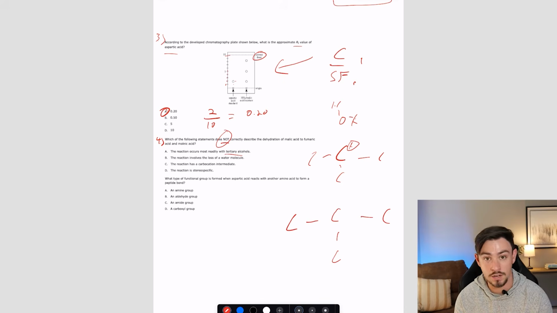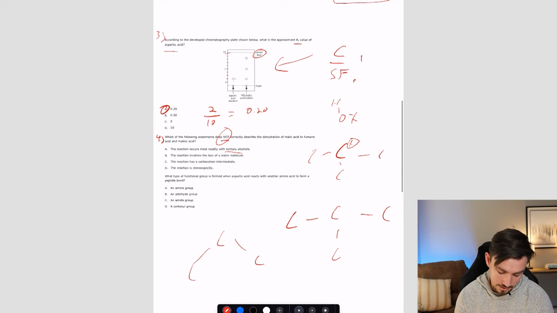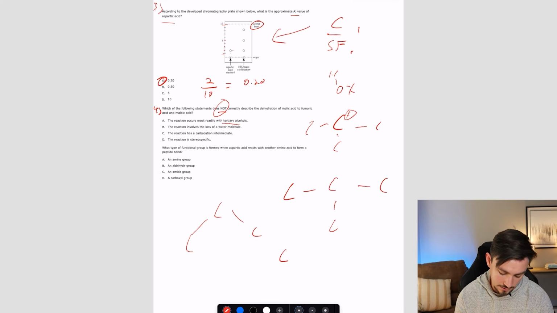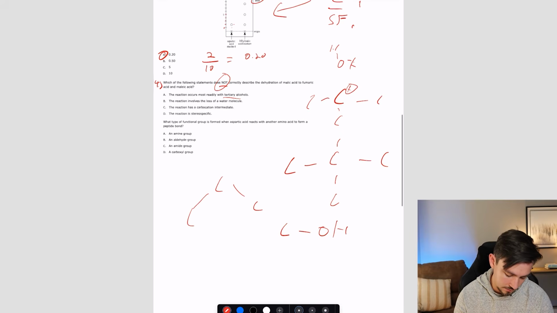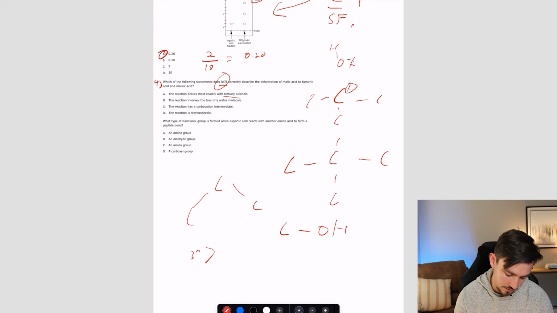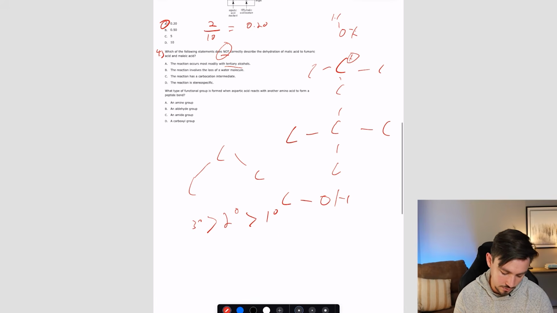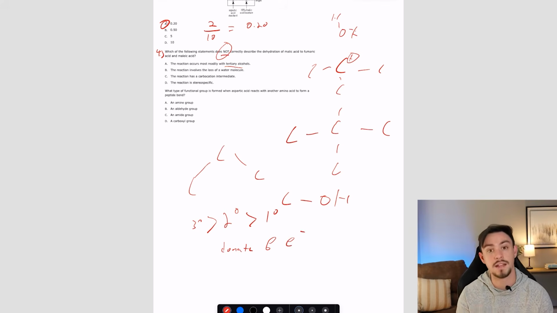So a tertiary is going to dehydrate quicker and more readily than a secondary, which is going to be able to dehydrate more readily than a primary. So it goes tertiary greater than secondary, greater than primary, and that is because of the ability to donate partial electrons. And that donation of the partial electrons is going to allow them to stabilize that carbocation intermediate.